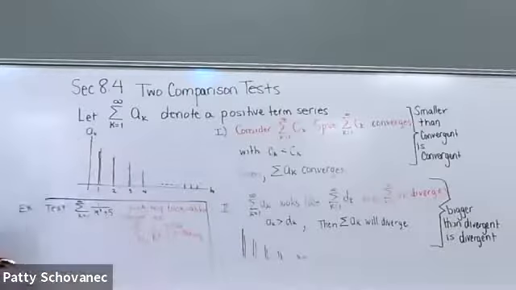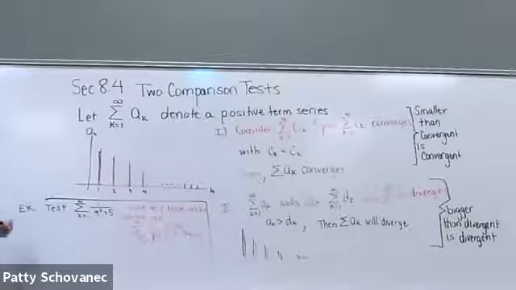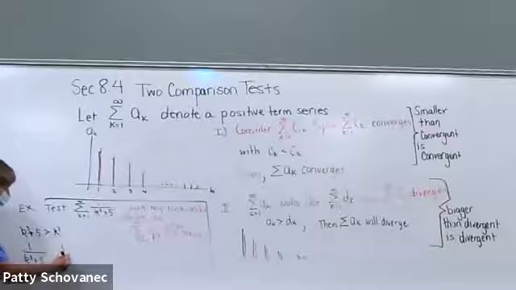So now I'm going to compare my terms, my AKs, with my CKs. So here we go. I know k cubed plus 5 itself is bigger than k cubed because it's 5 more. So 1 over k cubed plus 5 has to be smaller than 1 over k cubed.